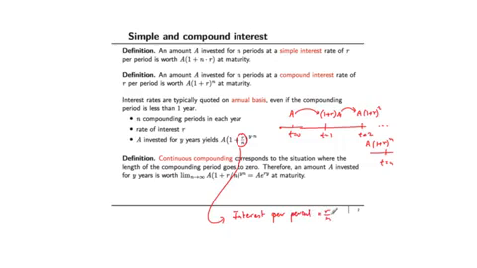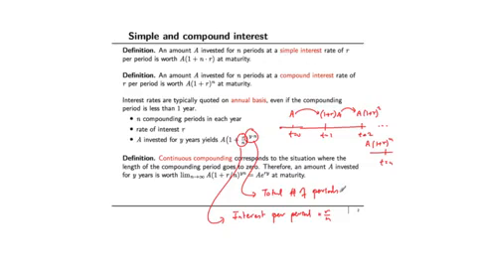And the total number of periods in Y years is going to be Y times n. And the amount that you end up getting is A times (1 plus the interest per period) raised to the power the total number of periods.